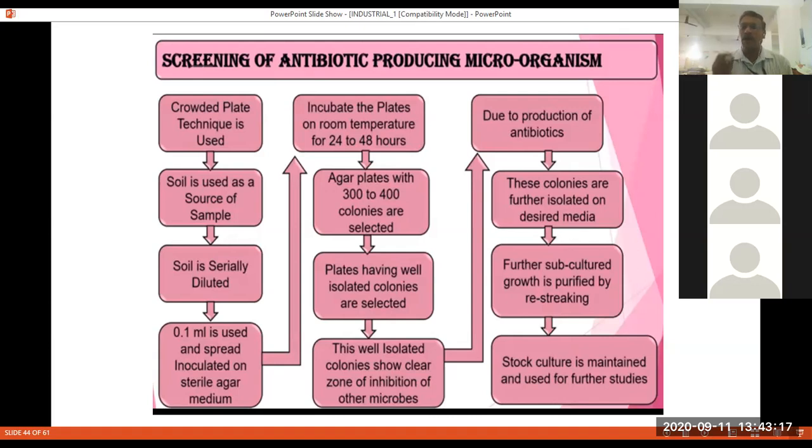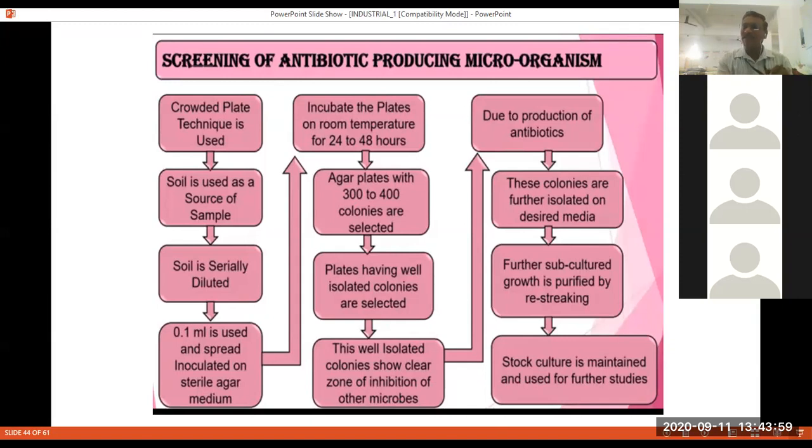I'm using the words crowded plate technique. Crowd means a large number of organisms get plated, and from that crowd we pick up only a single one or two microorganisms. Just like in any of the famous programs, Saregamapa, or Indian Idol, Maharashtra Gaurav, whatever they may be, in the initial stage a large number of applicants or participants are there, but not all of them are chosen for the finals.